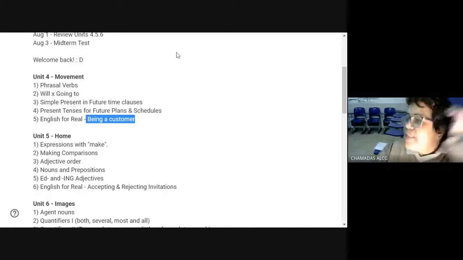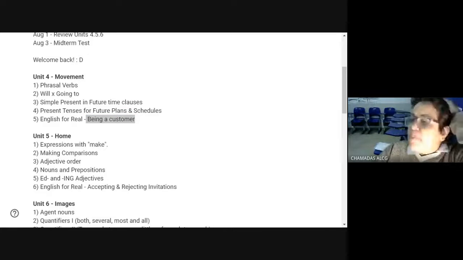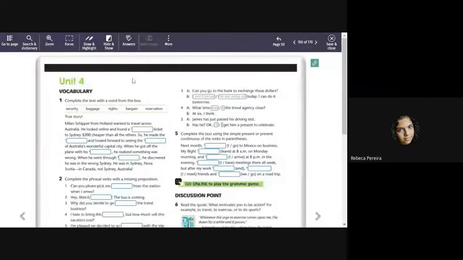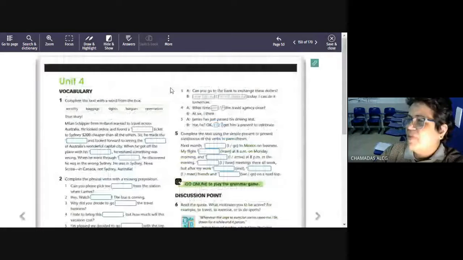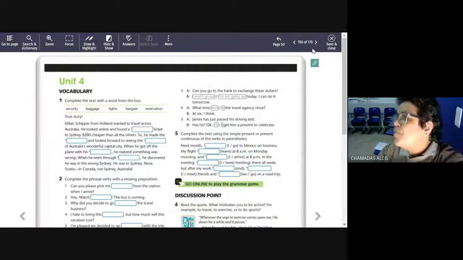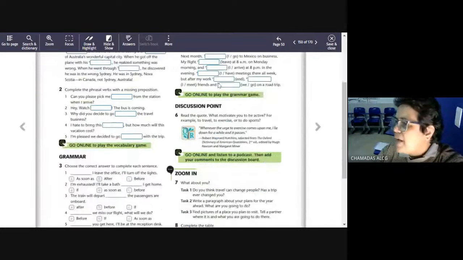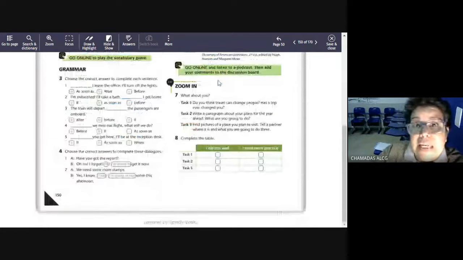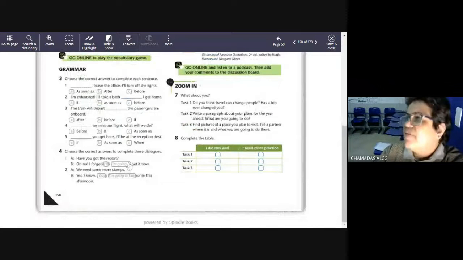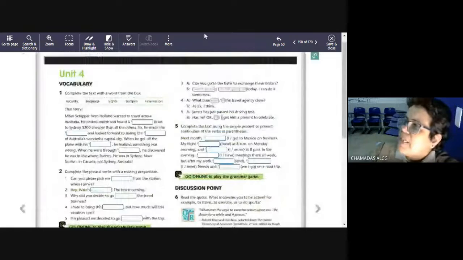So let's take a look at our book. Do you have the book, Rebecca? Yeah, I have. You do? Okay, great. So open your book, please, to page 150. This is the review of Unit 4.